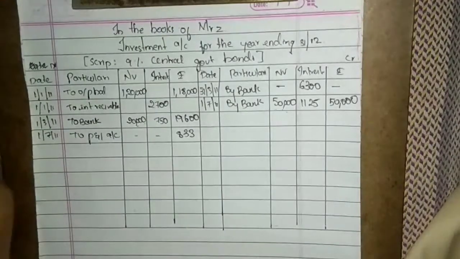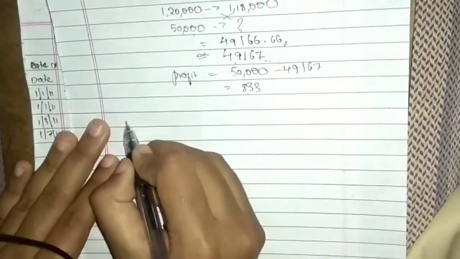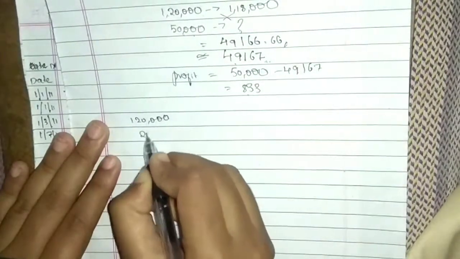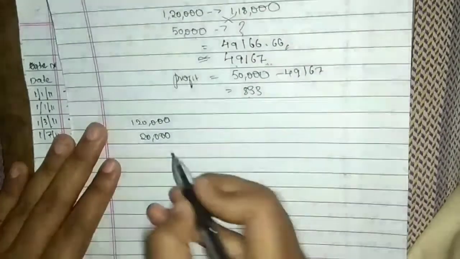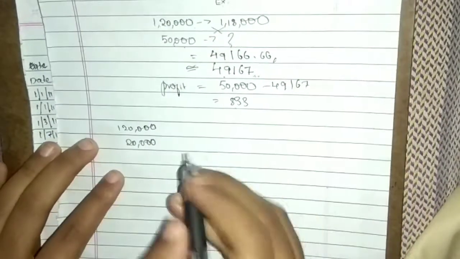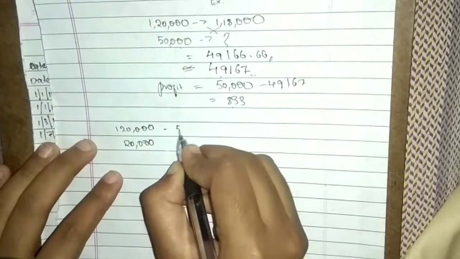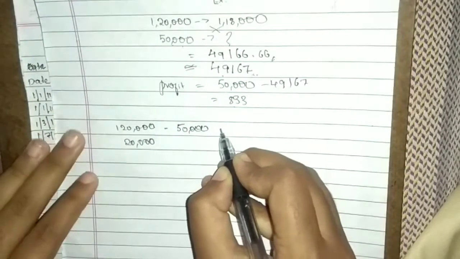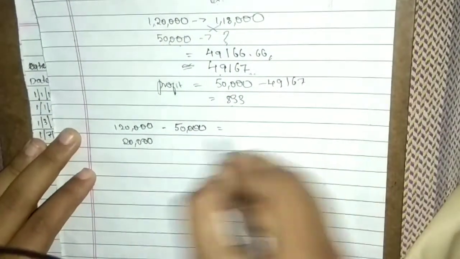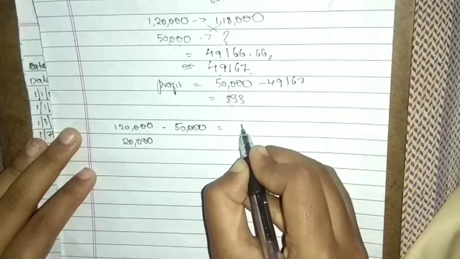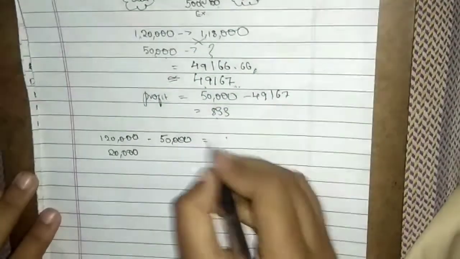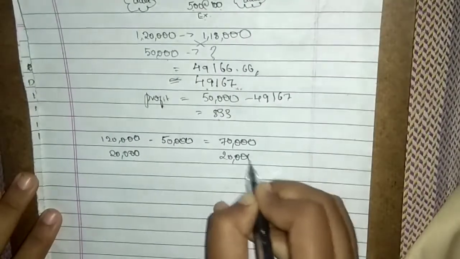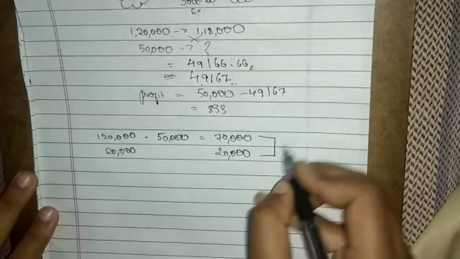I'll show you here. See, first we had 1,20,000 and 20,000. While using the FIFO method, we sold 50,000 of this. Then how much is remaining here? 70,000 of the nominal value and 20,000. So on this we are putting the interest.